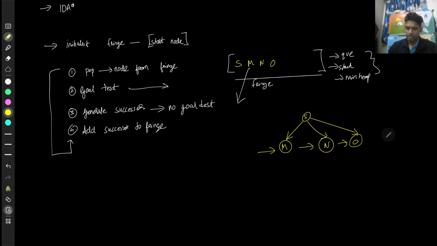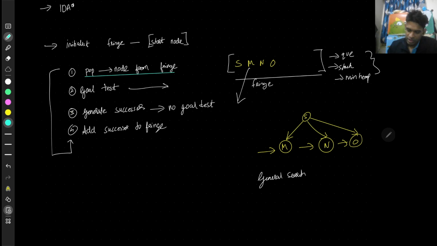This is the entire general search algorithm, which is applicable to informed, uninformed, anything you can think of in this way. This is the exact thing that is being followed. The only difference is how you decide which element to pop.